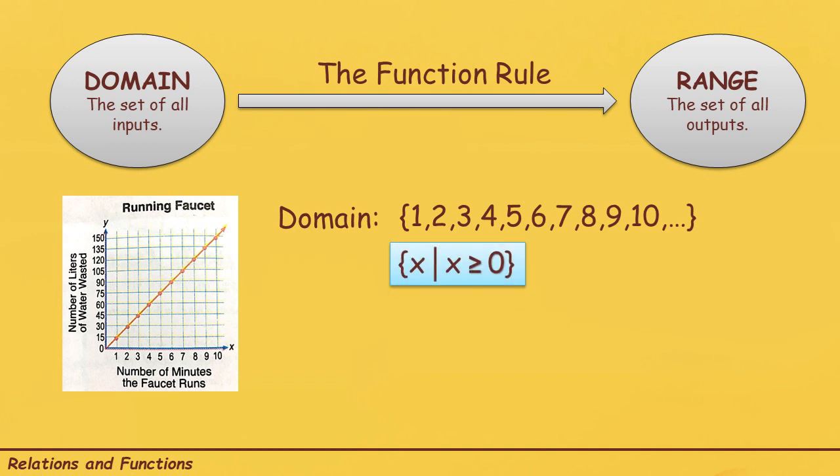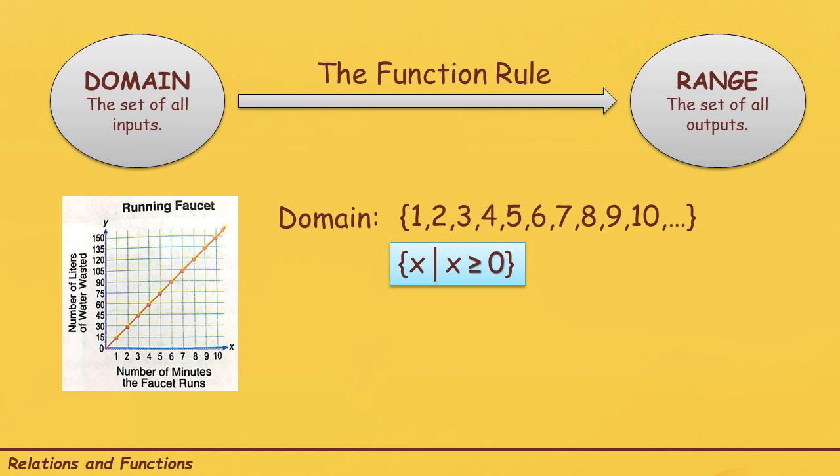X such that x is greater than or equal to 0. Kasi ang x natin dito is increasing. Lahat ng x natin dito is greater than or equal to 0. So, hindi na natin kailangan pahabain, pwede na kagad nating sabihin na ganito. X such that x is greater than or equal to 0.